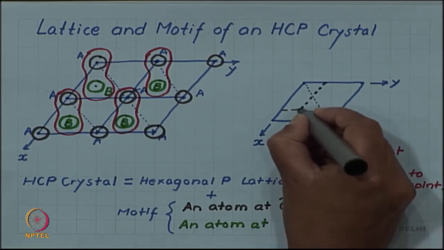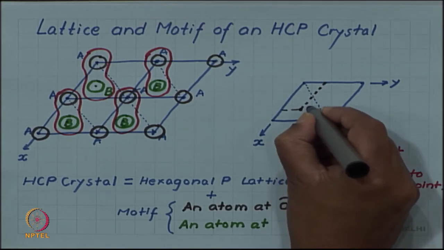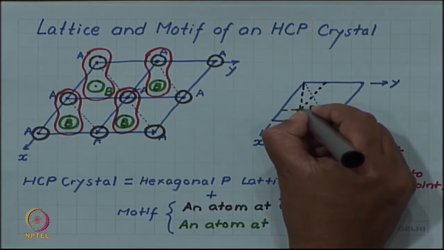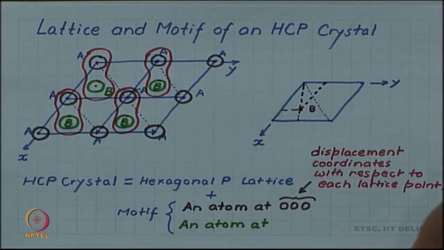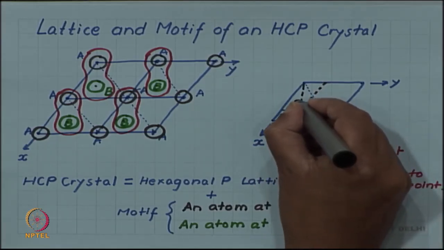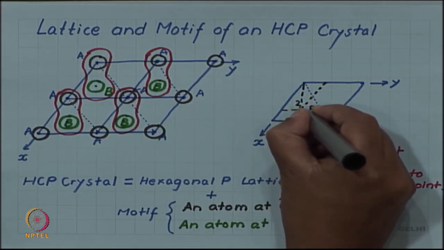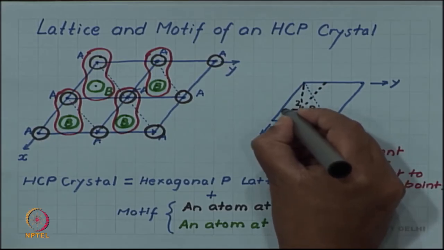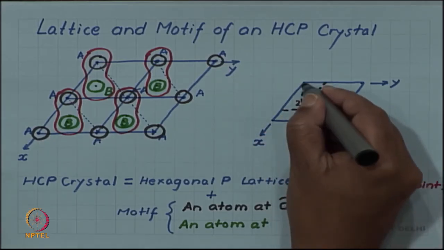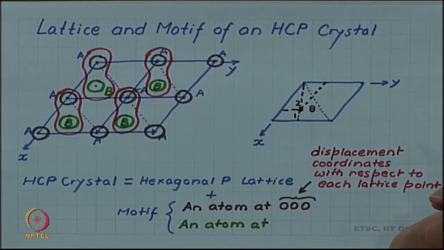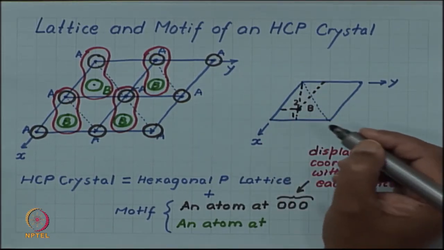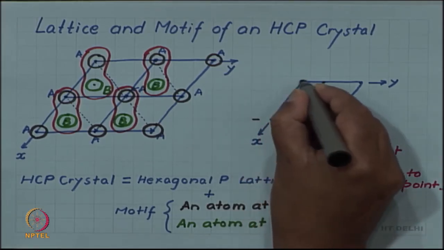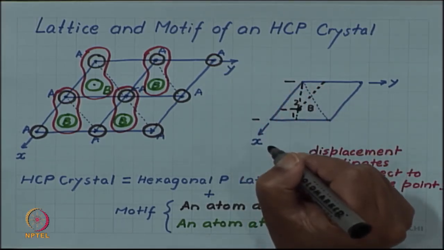And since this B location is the centroid of this triangle, it divides the height into 2:1. That is the property of the centroid, and thus a parallel line from this centroid to the x axis will also divide this side of the rhombus in 2:1 ratio.